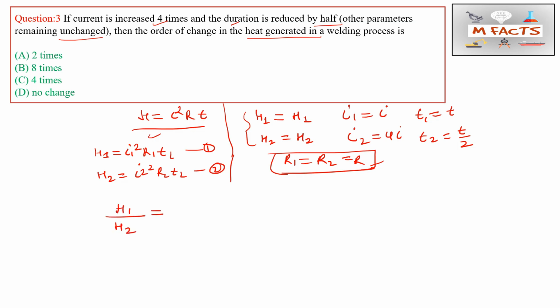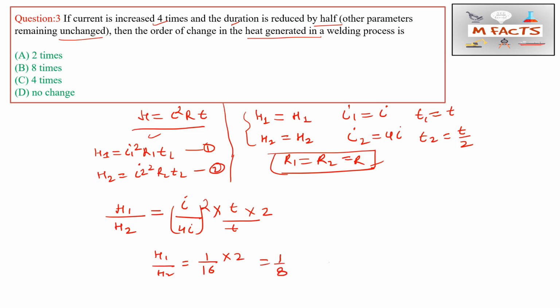H1 by H2 is equal to I1 value I and I2 value 4I, the whole square, multiplied by T1, where T1 is equal to T and T2 is equal to T by 2, meaning the 2 goes to the upper side. So H1 by H2 will come as 1 by 16 multiplied by 2, which is 1 by 8.